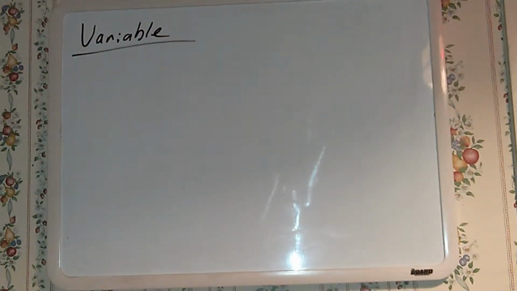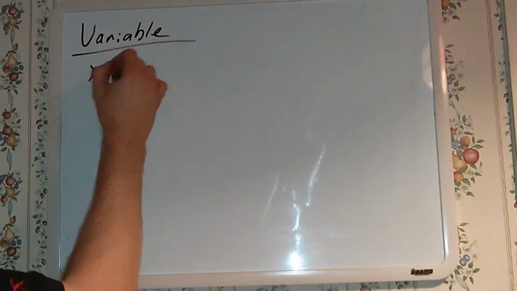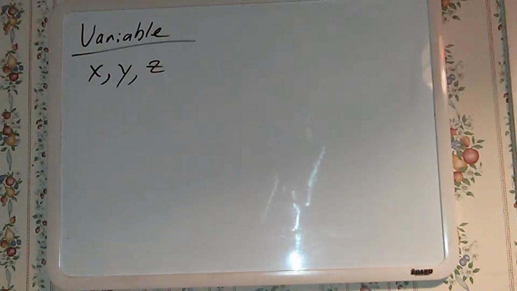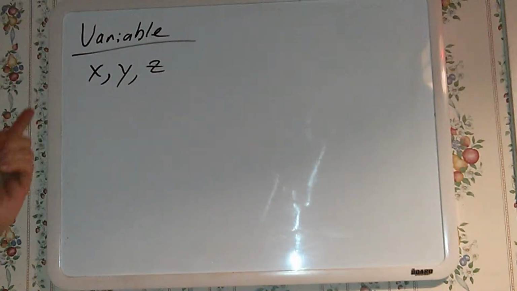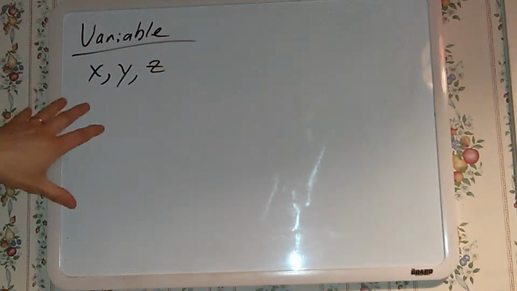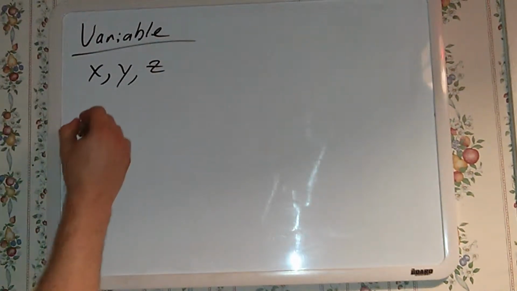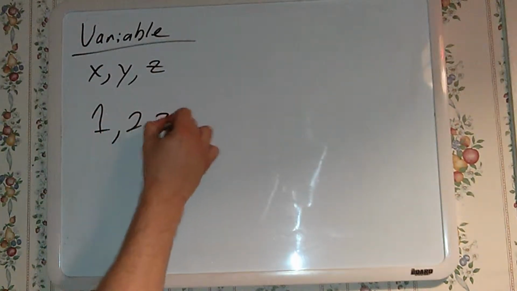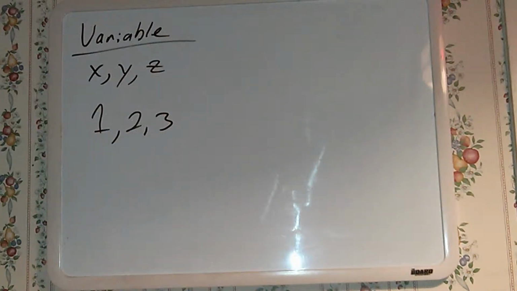Now, when you think of a variable, you think of X, Y, Z. And the truth is that a variable can be just about any letter. And what these letters are doing is taking the spot of a number that we don't know yet. And since they can have different values, it's not like 1, 2, 3, those have set values.